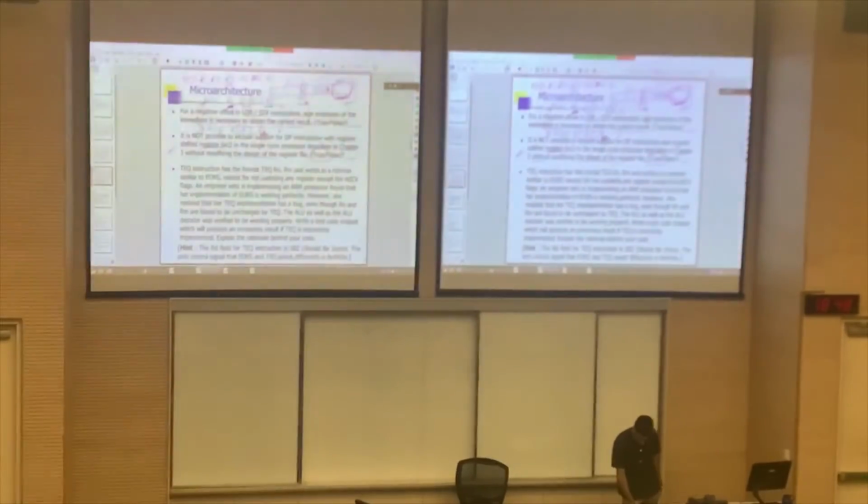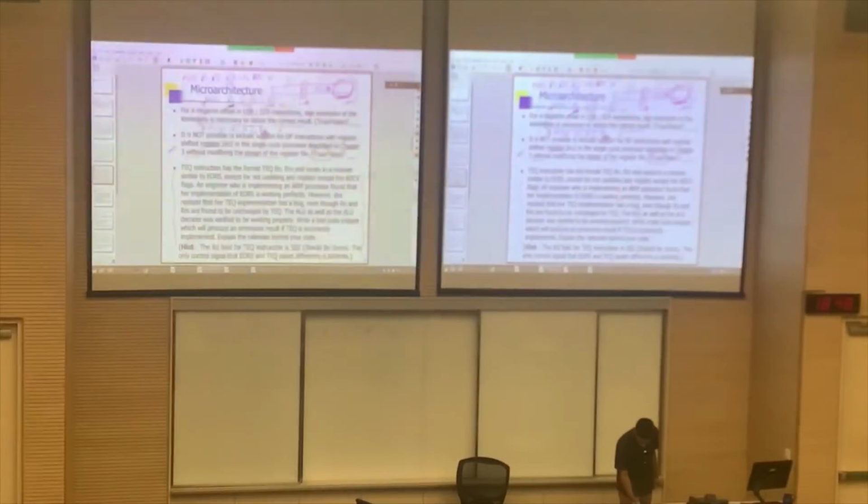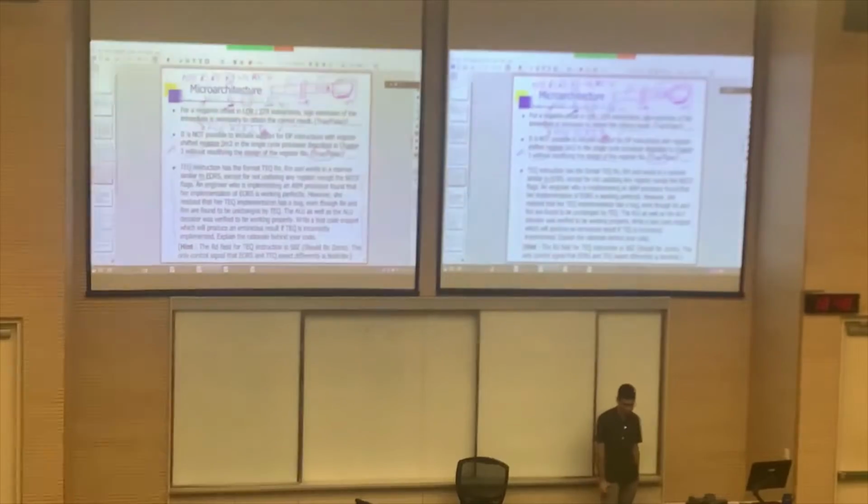Yeah. Now, next question. TEQ has the format TEQ RM RN and works in a manner similar to EORS, except for not updating any register except the condition flags.